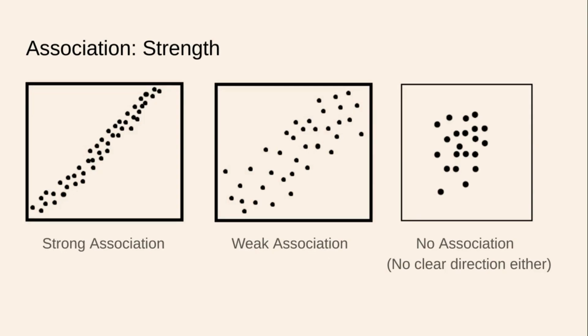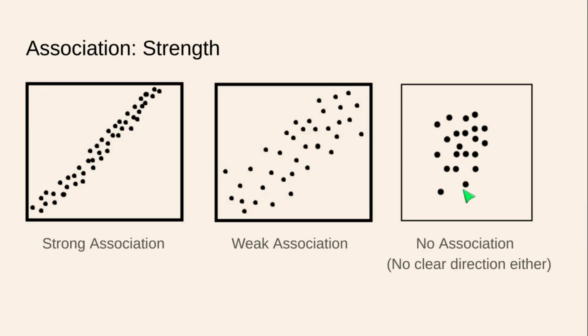Now let's talk about the strength of association. If the points all seem to be gathered about a supposed line of best fit, we would say there's a strong association. If there's a clear linear pattern, but the points are a bit more chaotic in nature, we would say there's a weak association.